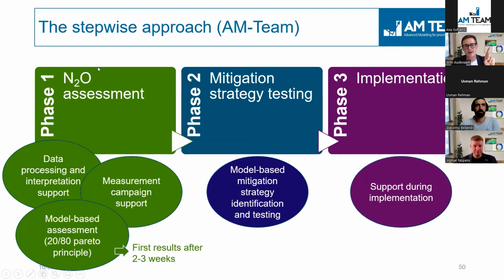It's based on this hotspot analysis that, of course, plant specifically, you will have some mitigation strategies. So it's all about what are the measures that would work. That's identification, and then you select them, and then you can test them structurally, and you don't have to always do it on site, trial and error based, because that's not easy at full-scale plants.